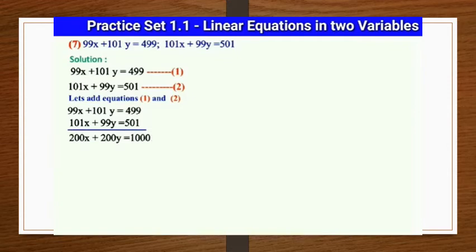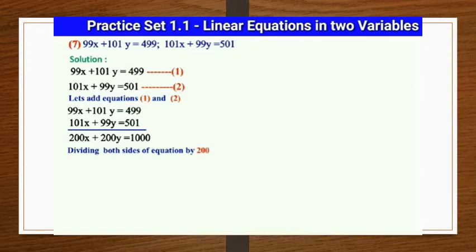So 101 plus 99x, like terms will be added together, will be 200x plus 101y plus 99y will be 200y is equal to 499 plus 501, which will be equivalent to 1000.